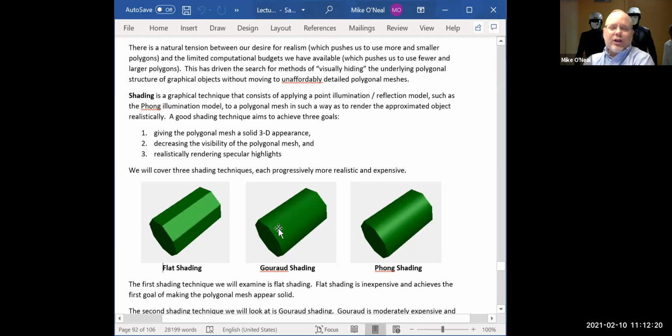But Gouraud shading does a pretty good job of making the surface look rounded, look smooth. Even though there's still the same number of polygons here. You're still looking at 3 polygons here.